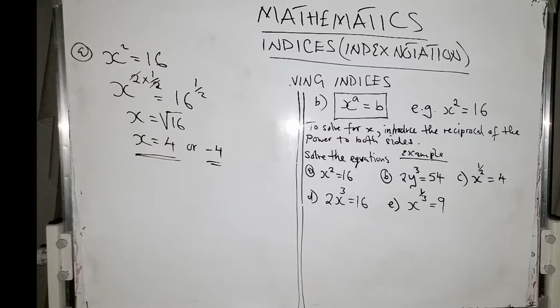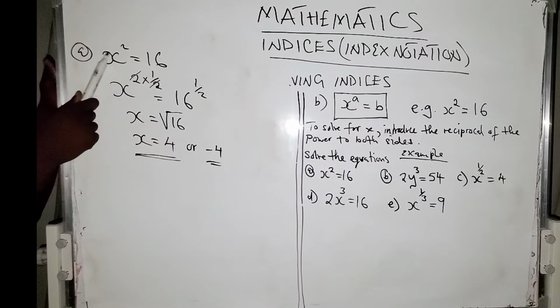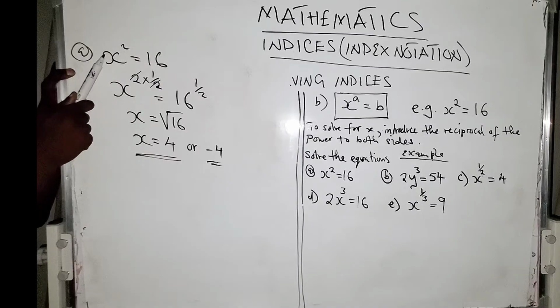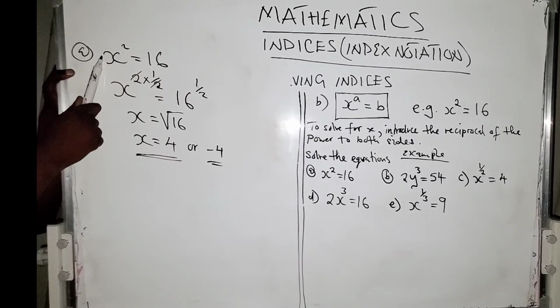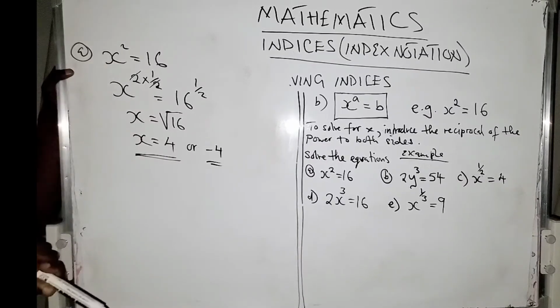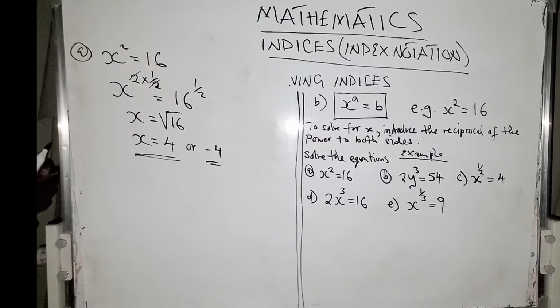Can you go to second question B? By the way, you can only introduce the reciprocal of the power if the coefficient here is 1. If it's not 1, make it 1 so that you solve nicely.